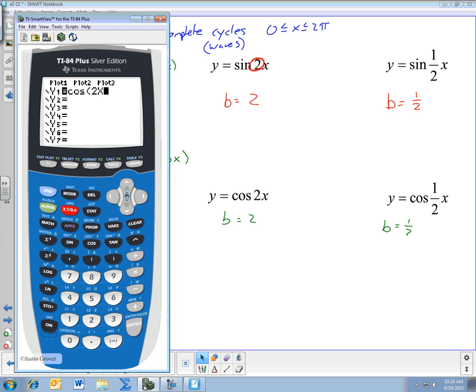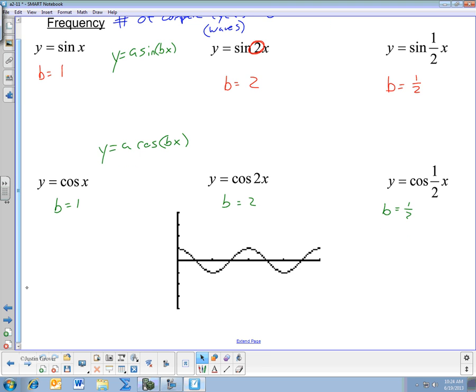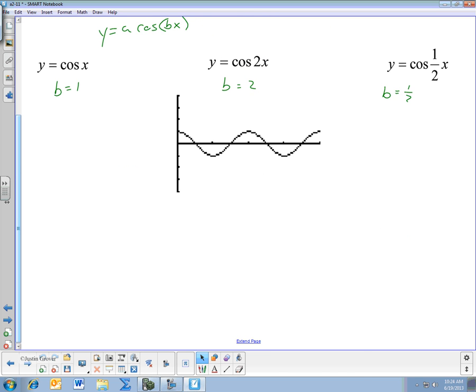We're going to have 2 complete cosine cycles from 0 to 2 pi, and we see there is 1 and there is 2. Here is one complete cycle of cosine, and here is a second complete cycle of cosine from 0 to 2 pi.